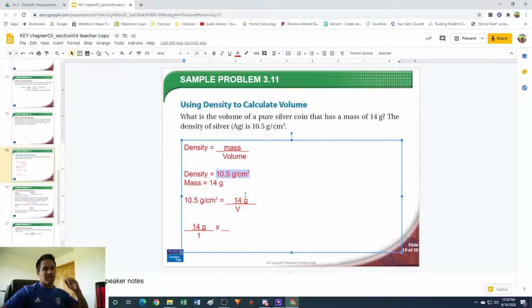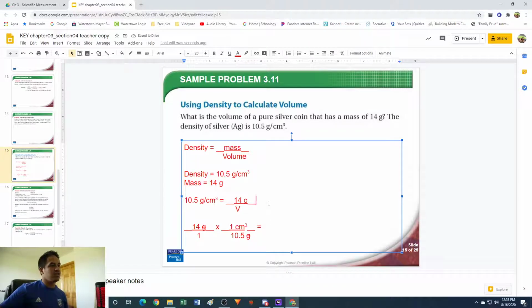So instead of 10.5 grams over 1 cubic centimeter, we're going to have 1 cubic centimeter over 10.5 grams. We do it this way because now the units of grams will cancel with each other, and we'll have the units of cubic centimeters as our answer, which of course is a volume.